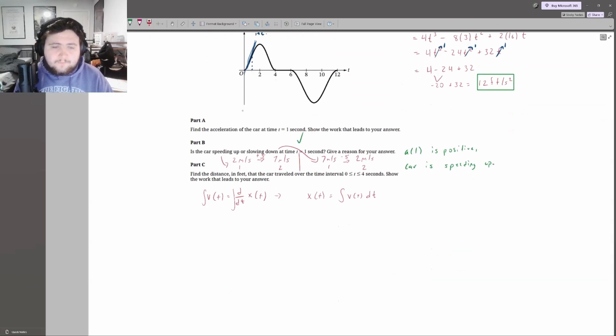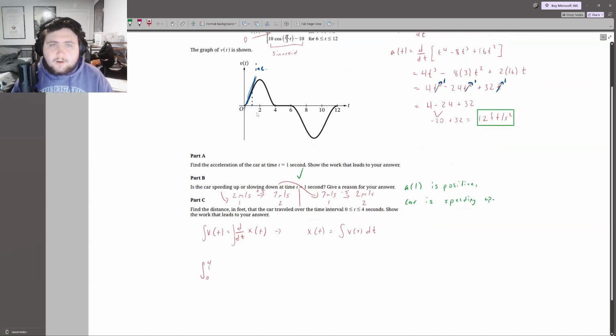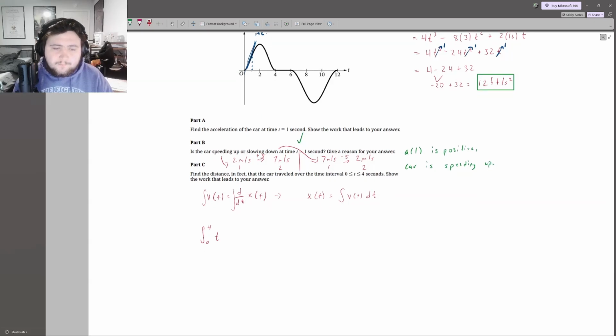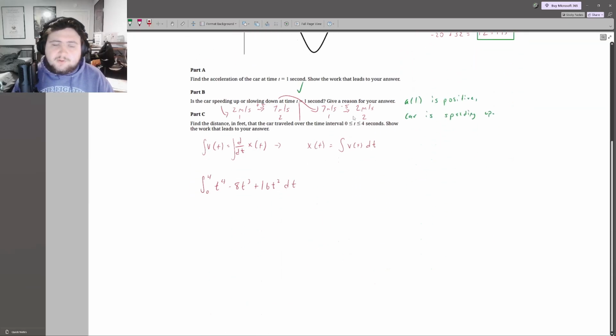So now, we take an integral. We go from 0 to 4 seconds as our bounds of our 4th degree polynomial here, which is t to the 4th minus 8t cubed plus 16t squared dt. Similarly to before, we can just distribute the integral, essentially.